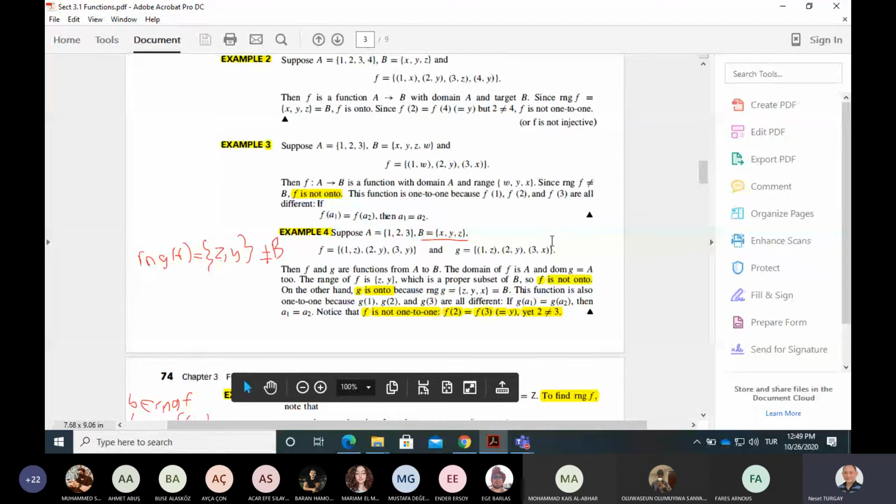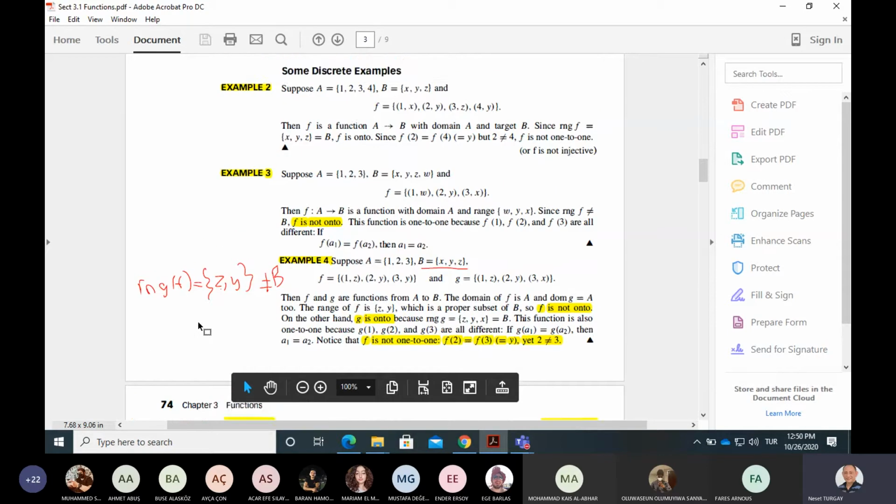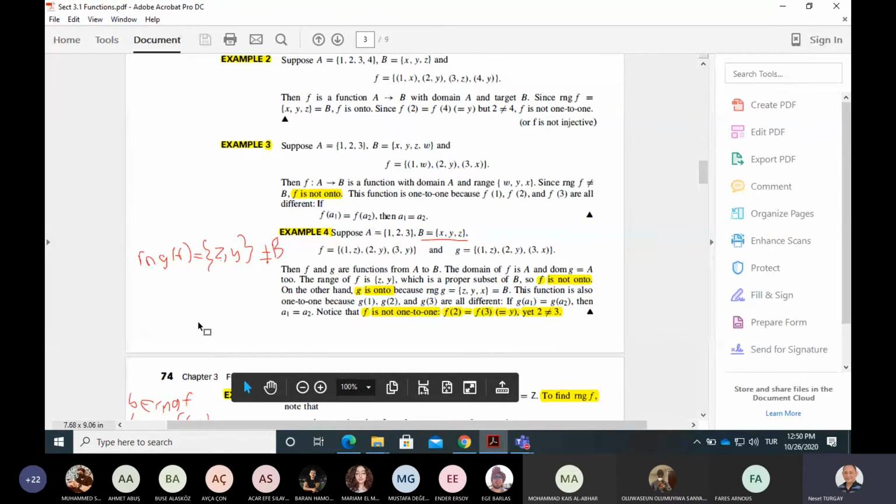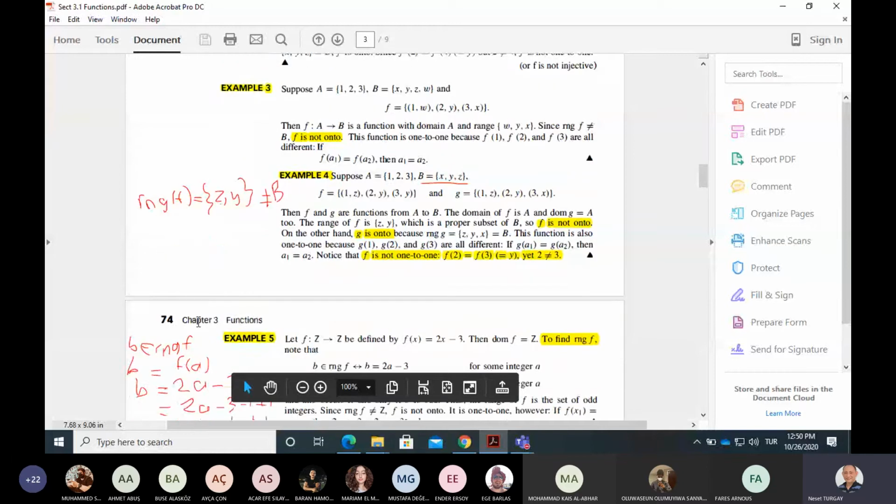So it's okay here. What about f? f is not one-to-one. f of 2 is equal to f of 3. Both of them go to y, but 2 is not equal to 3. So this is not one-to-one. Do you have any question with this? Okay, no, I think this is fine.